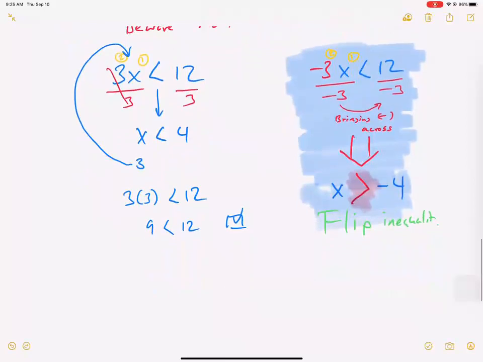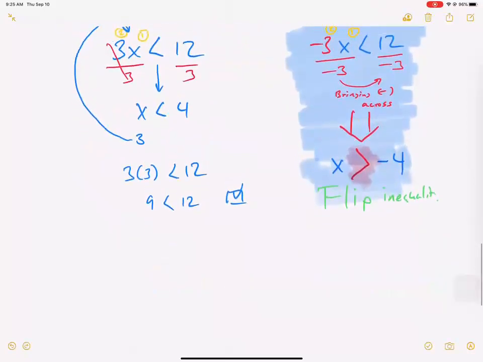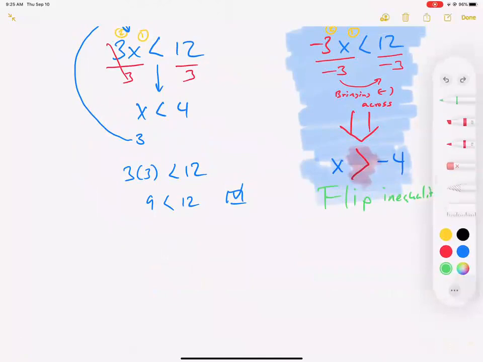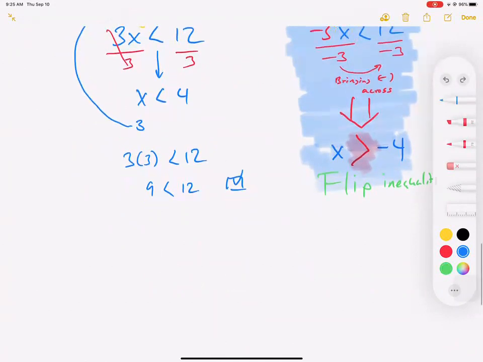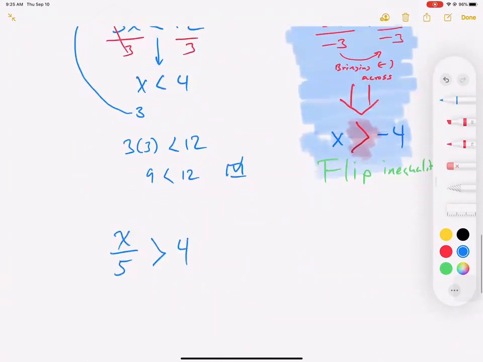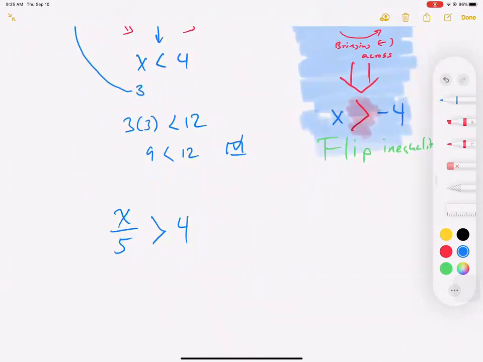All right, so let's look at another problem here. We're going to look at the normal version and then the flip version, if we have to flip or not. Here's my next problem. Let's do division. X divided by 5 is greater than 4. On my next version, we'll say negative x over 5 is greater than 4.